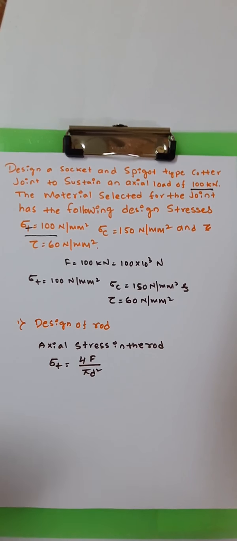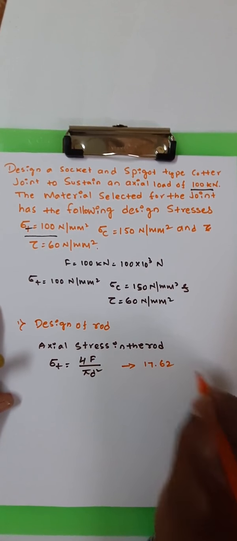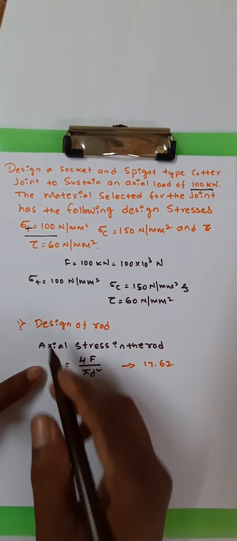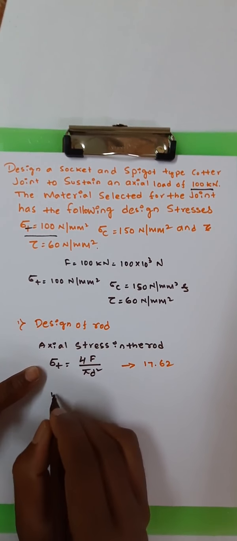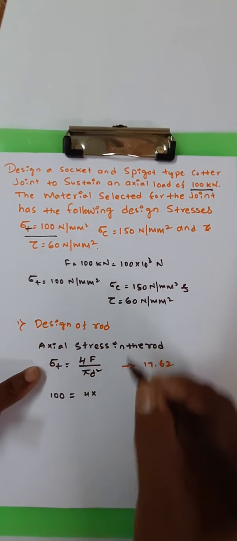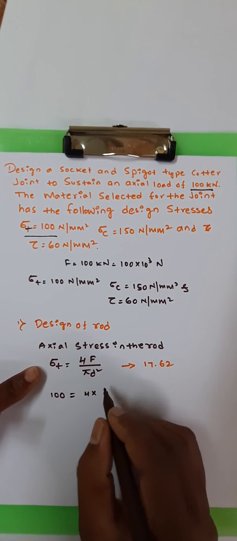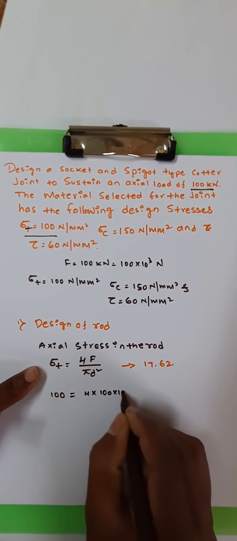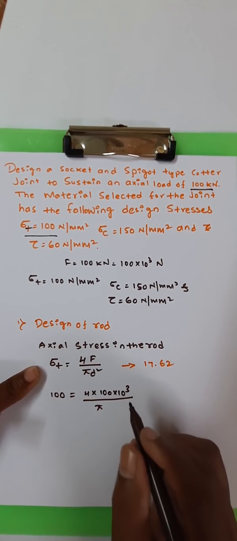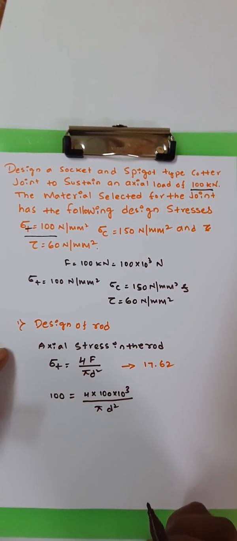This is the equation which is available in the design data handbook, equation number 17.62. We know sigma t, which is given in the problem, that is 100 Newton per mm square, is equal to 4 into F, that is 100 into 10 to the power 3, divided by pi d square, where d is the diameter of the rod, which we don't know.